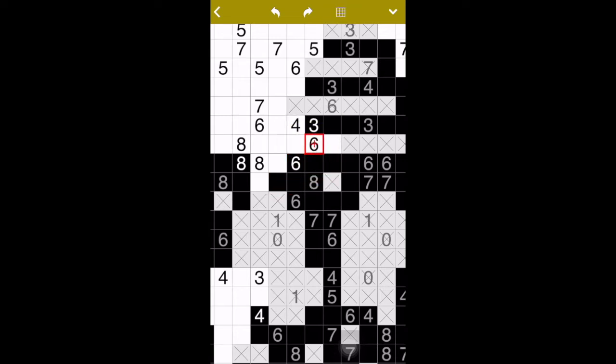Now looking at the 6, does it have to be a black space? Actually, no, because this could be a black space, or it could be up there too. It doesn't matter what this is. I could complete the 6 in a different way, so that is not a must.